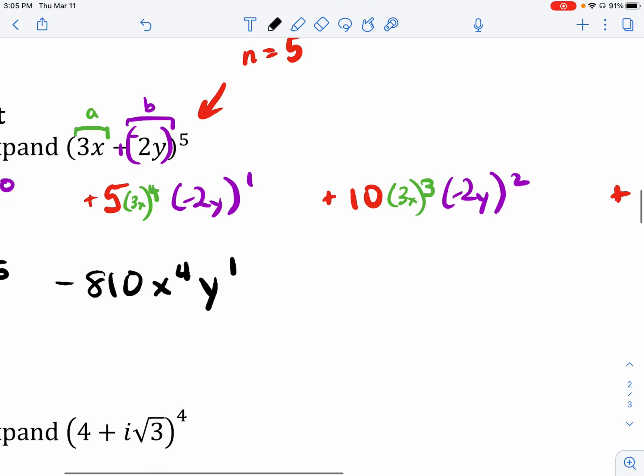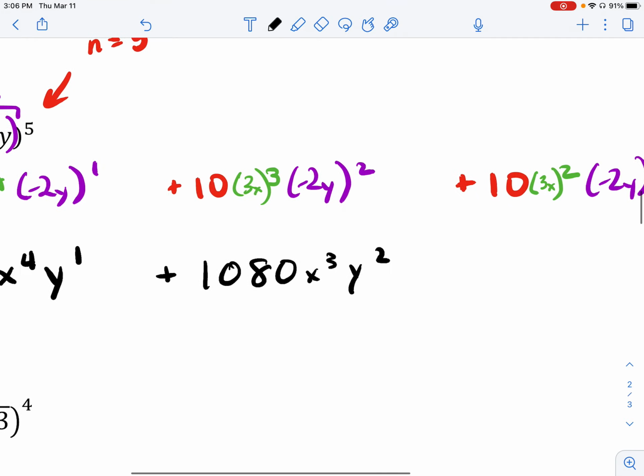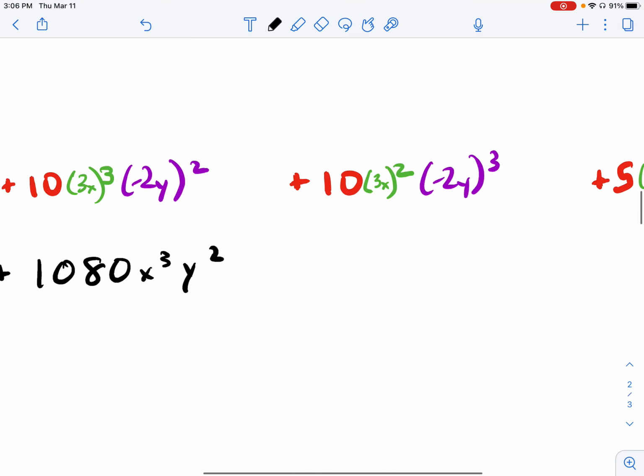Move on to the next one. I've got plus 3 cubed is 27. 27 times 10 is 270 times, now be careful here, don't multiply by negative 2. We're going to do 270 times 4 because it's negative 2 squared. And that should give me 1080 x cubed y squared. So I'm just going to go through the rest of these a little bit more quickly now. The next one, I know I have negative 2 raised to the 3rd power, so that's negative 8.